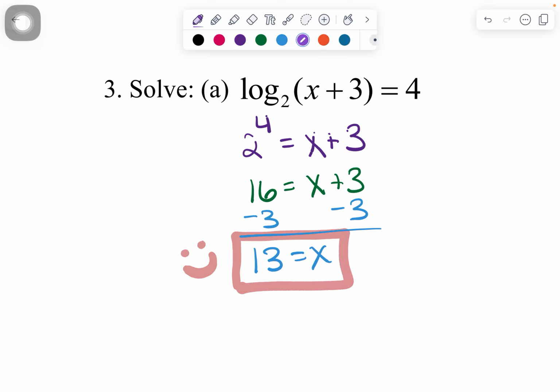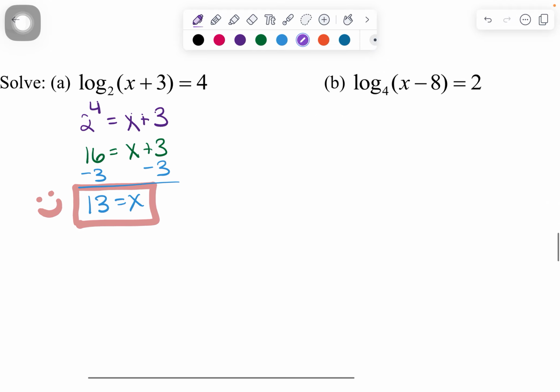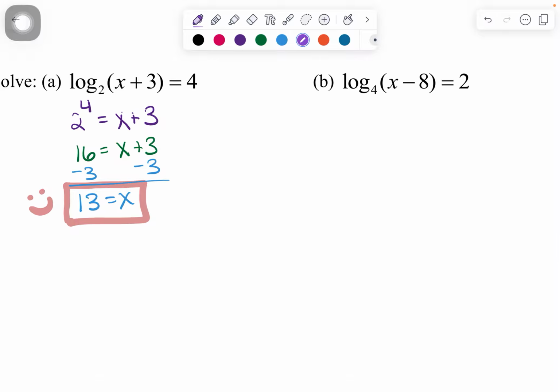All right, so sliding on over to part B, I can do the same thing. It's the same kind of setup. So we've got base 4 here raised to a power of 2 if we turn it into exponential. So 4 squared equals x minus 8. Because the exponent is numeric, I can simplify this. 4 squared is 16.